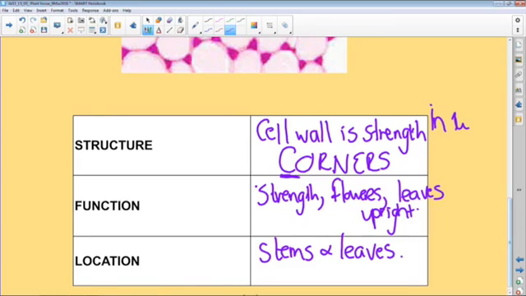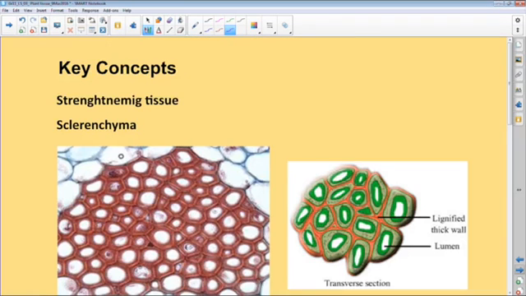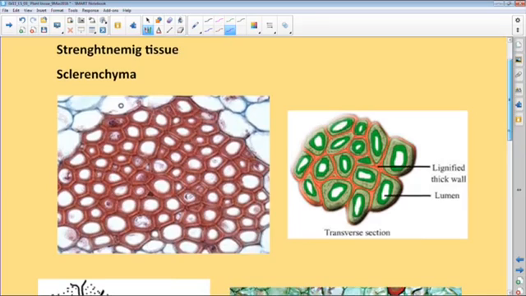Okay, our next one, and they are very confusing because they can look so similar to each other. The next one is called Sclerenchyma. Now, if you have a look at this, I want you to have a look at the red. Let me draw a simple cell.